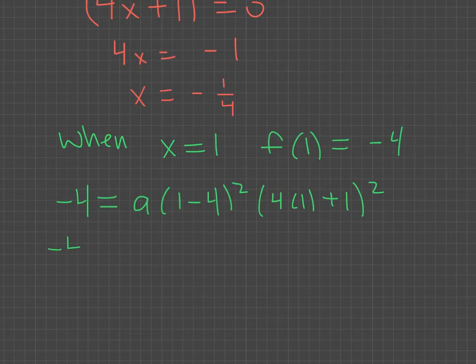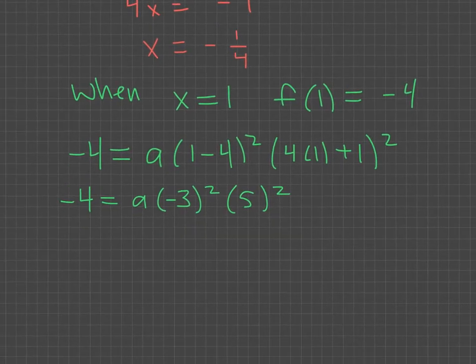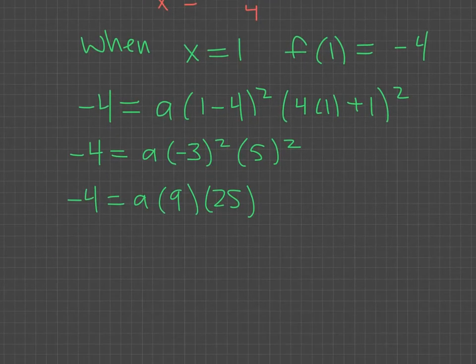So we have negative 4 equals a times, well, 1 minus 4 is negative 3, and then 4 plus 1 is 5. So we get negative 4 equals a times negative 3 squared is 9, 5 squared is 25. So we get negative 4 equals a times 9 times 25 is 225.